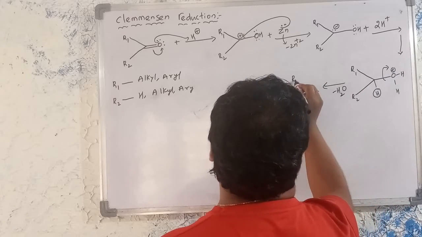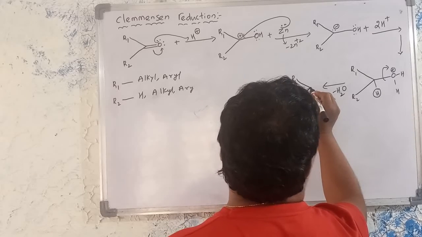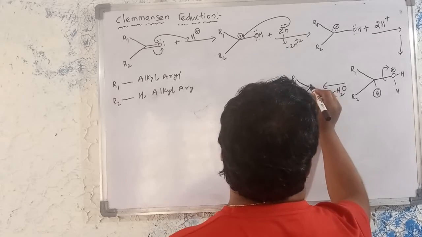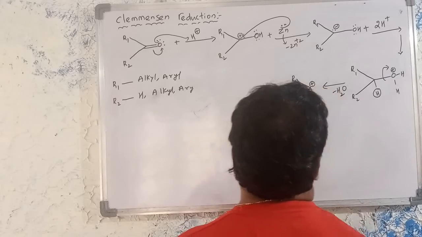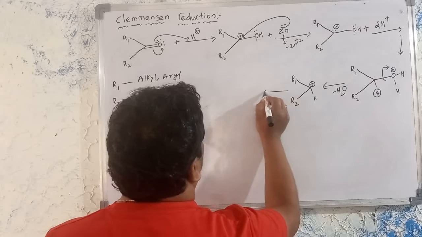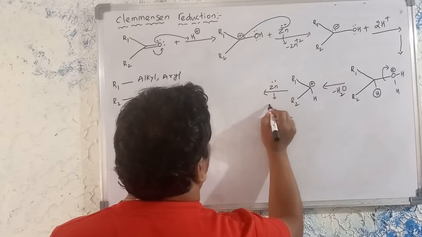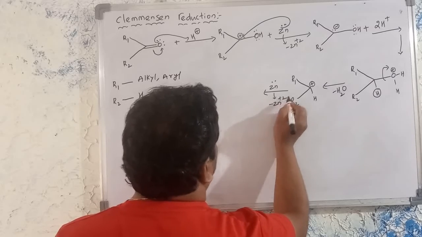Here R1, R2, hydrogen, and this carbon gets a partial charge. Again it reacts with zinc undergoing the oxidation process.